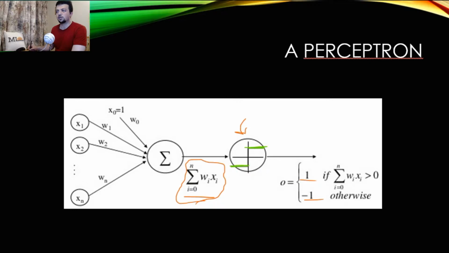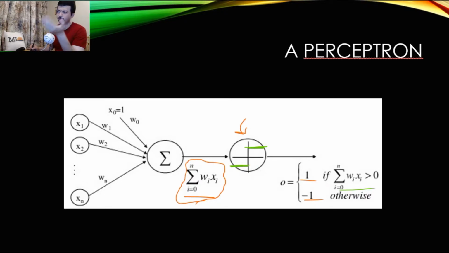So the output is going to be either +1 or -1, and if the input is 0, it's undefined as to what's going to happen here. I mean, you can define it, and practically speaking, they do define it. They say that if this linear combination is equal to 0, either output 1 or -1. But there's a problem with this particular function.